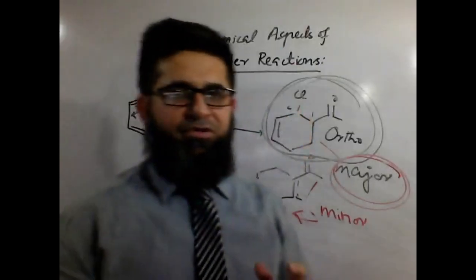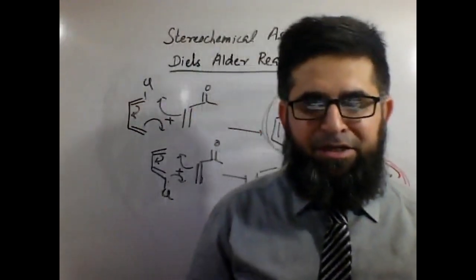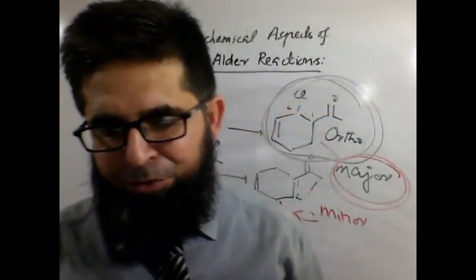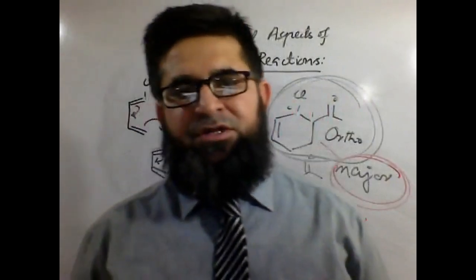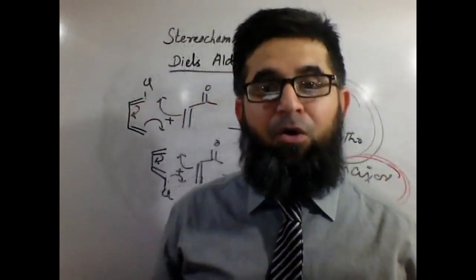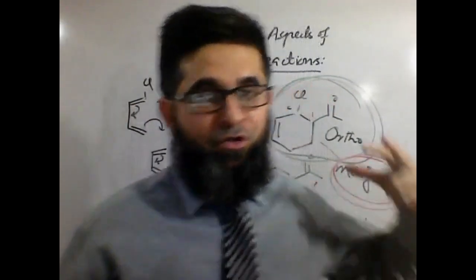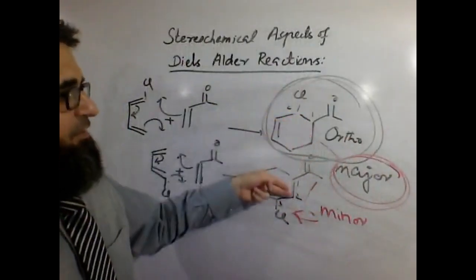So this is how the stereochemistry of the diene and dienophile influences the reaction rates as well as the outcome of the reaction. Outcome of the reaction means the product. Two products are possible, this one and this one.